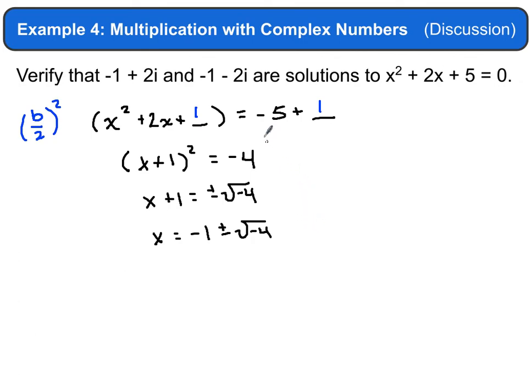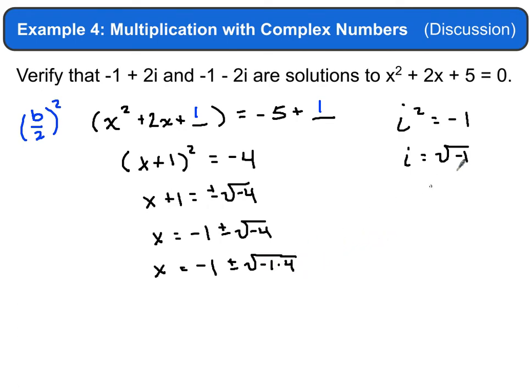So we see we're very close, but we need to address this. So remember, the two things that we look for is that i squared is equal to negative 1 and i is equal to the square root of negative 1. So if we simplify this out, we have plus or minus, and we can replace this with negative 1 times 4.